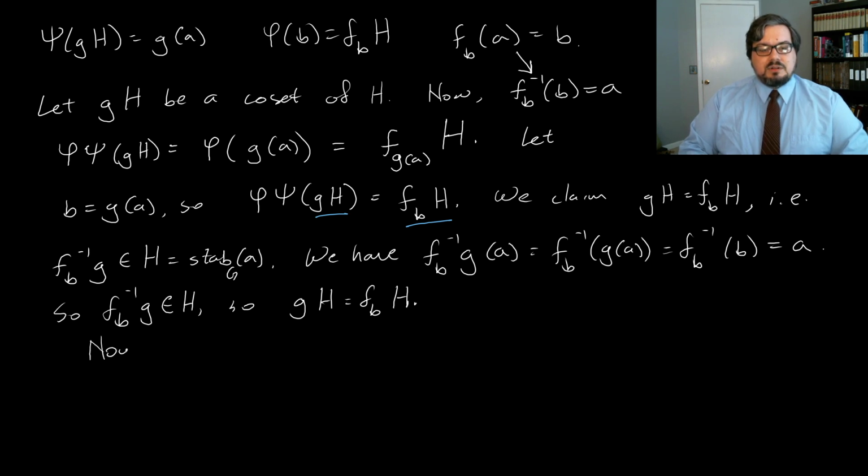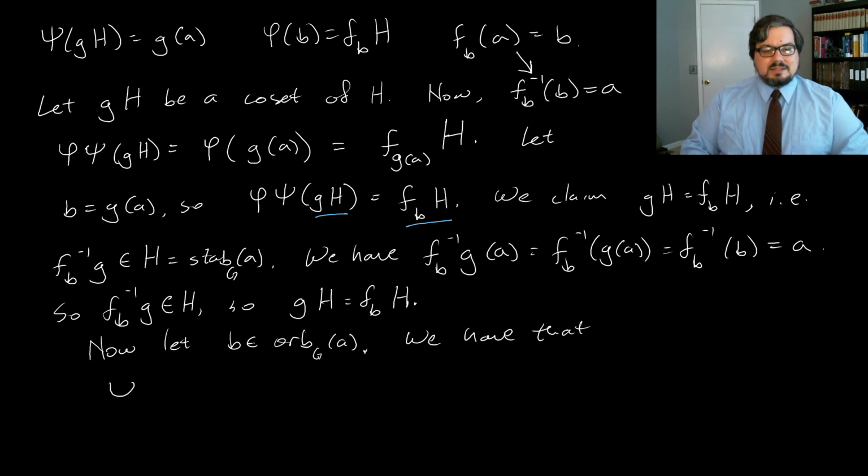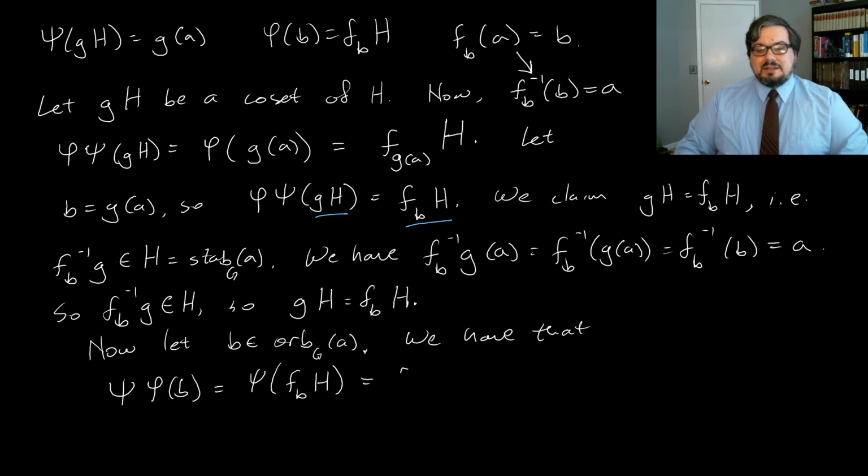So now let b be in the orbit of A. We have that psi(phi(b)) is equal to psi(f_b H), which is, by construction, f_b(A), and by definition, f_b(A) is b.